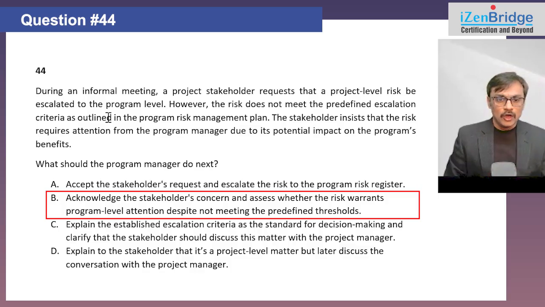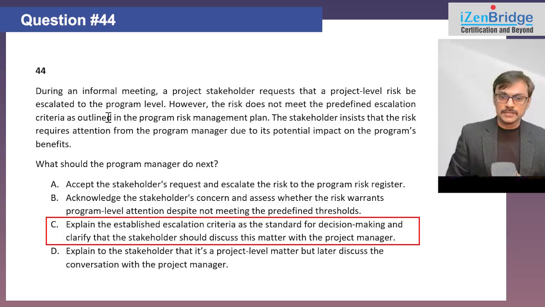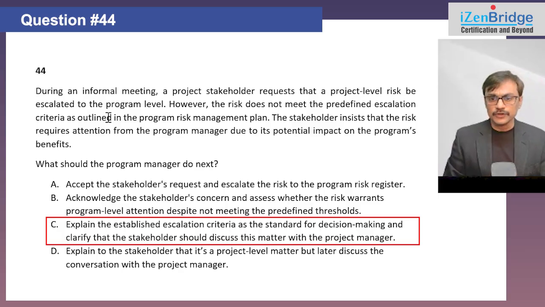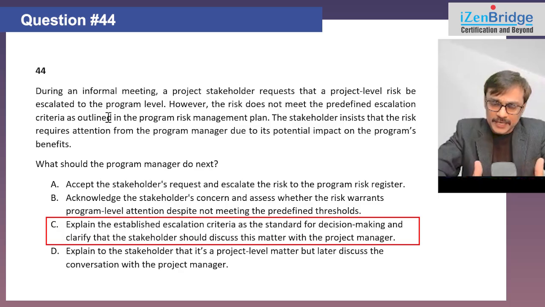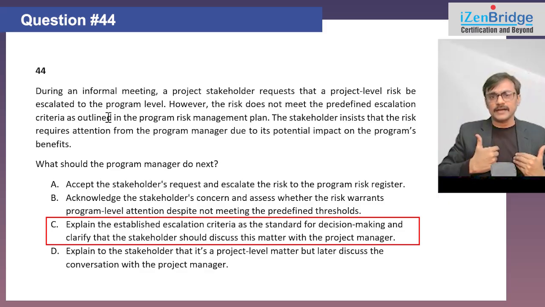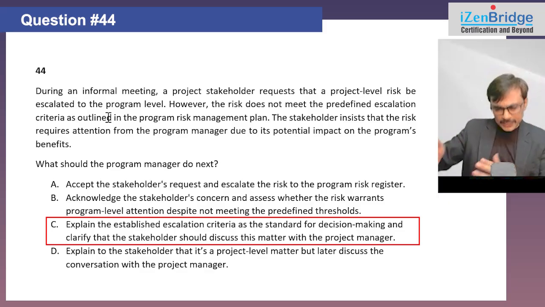Let's see. Option C, explain the established escalation criteria as the standard for decision making and clarify that the stakeholder should discuss this matter with the project manager. So in general, whenever you are dealing with the stakeholder management topic as well, there is feedback coming in, and you should not say that I'm not the right guy for it, go somewhere else. I need to acknowledge it.